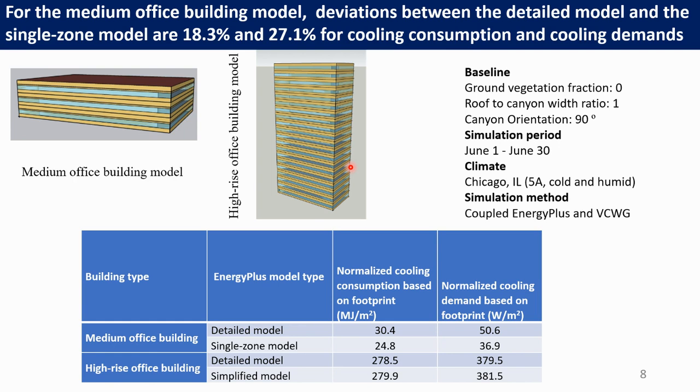So besides looking into the simplified models, we also look into different coupling approaches. There's a one-way coupling approach. One-way coupling basically just runs VCWG or UWG for the entire time period and feeds the weather data to EnergyPlus, versus two-way coupling, where we're able to pass the data and do the data exchange within each time step.